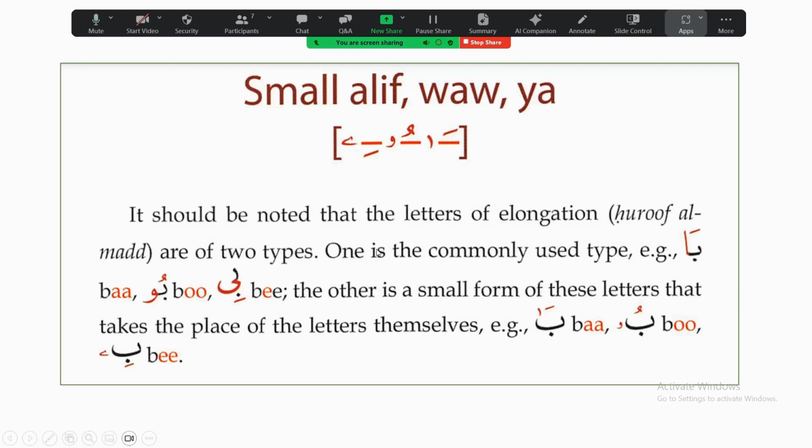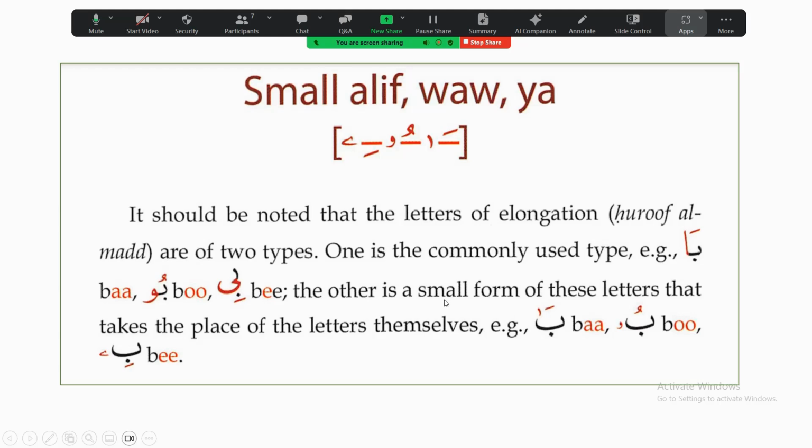One is the commonly used type, like ba, fatha, alif, ba. Here, this is alif madda. The second is ba, dhamma, waw sakin, bu, and ba, kasra, ya sakin, bi. These were the three: waw madda, alif madda, and ya madda.